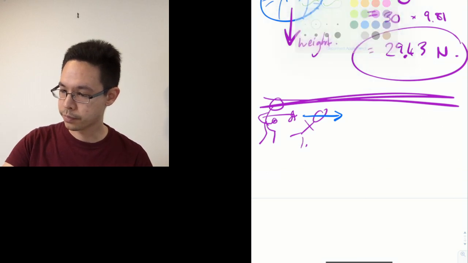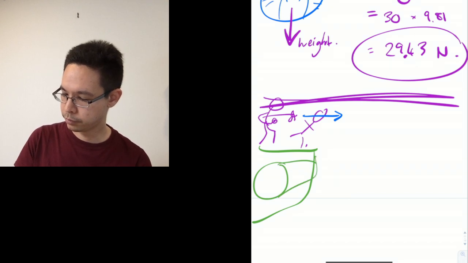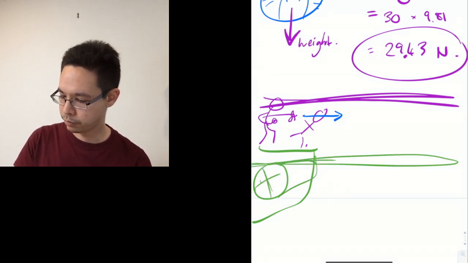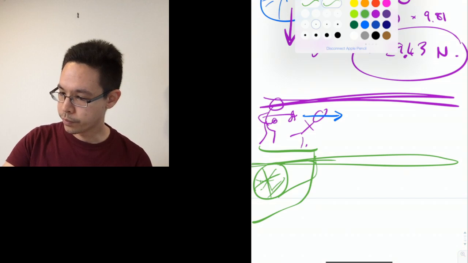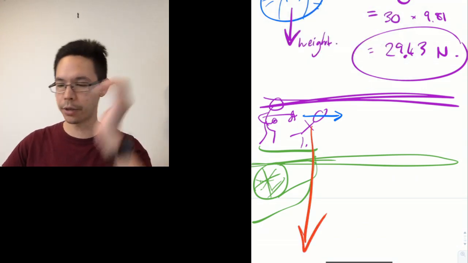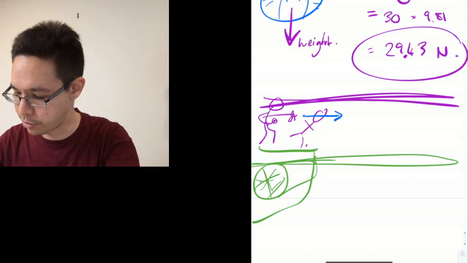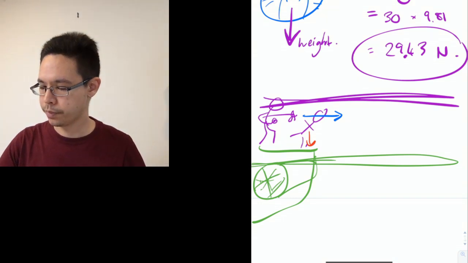And here is the platform of the airplane. And you fly outwards, but you're still being pulled down by gravity. Of course, the arrow is not going to be that long for gravity. You're not going to fall down quite as fast as I've just hit you.